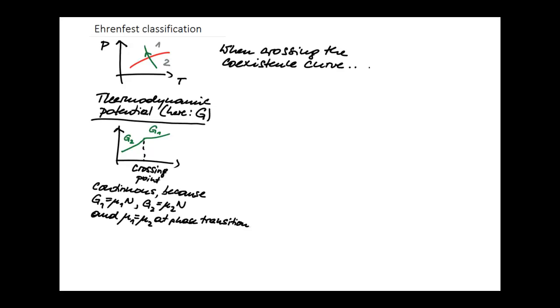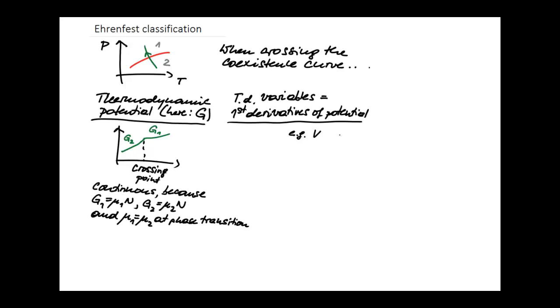Let's next look at thermodynamic variables that you can obtain from your thermodynamic potential by taking a first order partial derivative. So, for example, we looked at the volume, which is the partial derivative of the potential with respect to pressure.